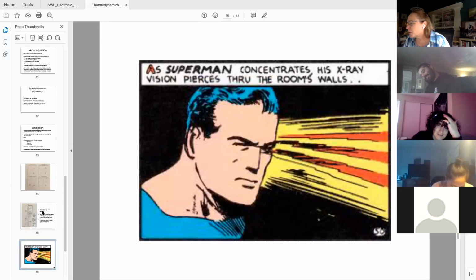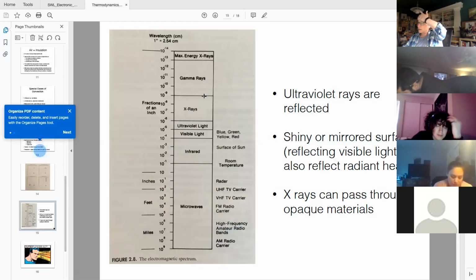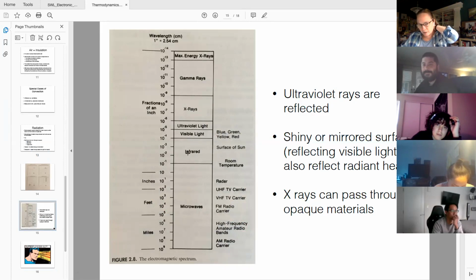Going back to our chart, those are where the wavelengths are getting smaller and smaller, and so the X-rays are the ones that can go through surfaces. In the opposite direction, you start to get the warmer and hotter energy wavelengths.